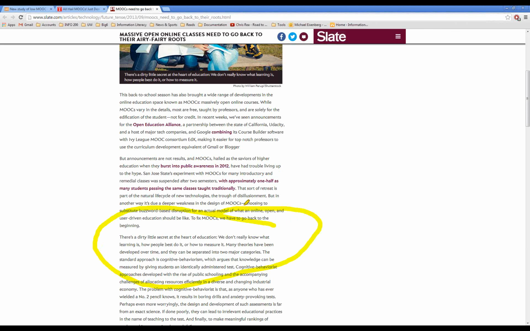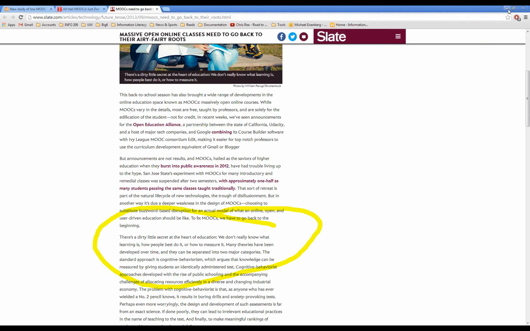So whether MOOCs are successful or for everyone and those kinds of things, we need to kind of figure that all out. And I think it's very encouraging that libraries and librarians are getting involved and wrestling with this.